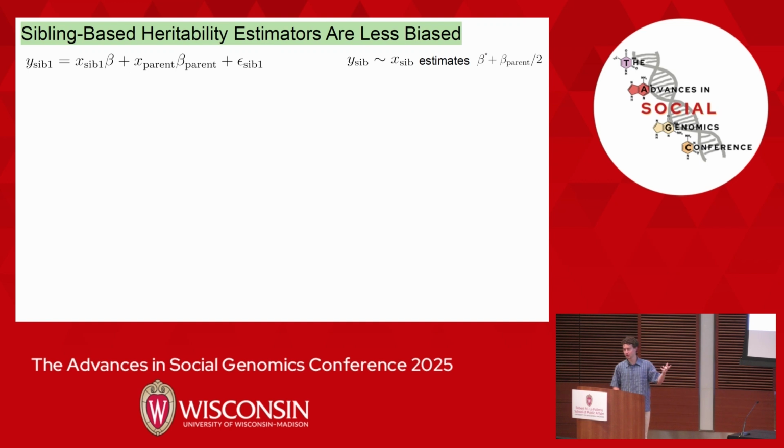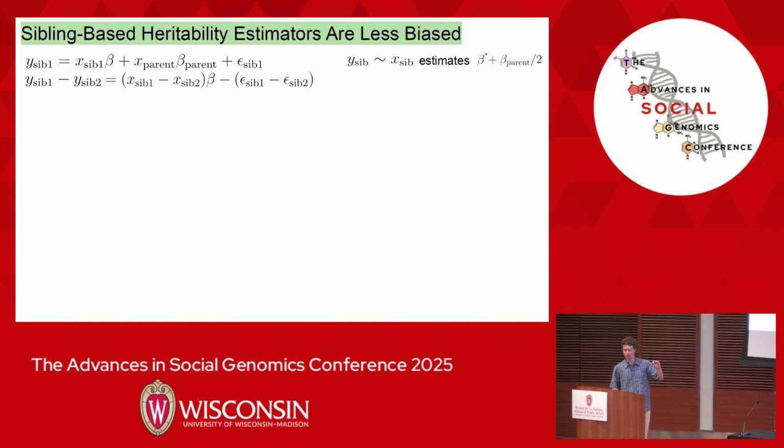If you just regress the phenotype onto the genotype, you probably won't estimate that direct genetic effect. It'll pick up some of those other effects, so population stratification and some of those parental genetic effects. But if you take the difference between two siblings here, the parental genetic effects will cancel out, and also the difference between siblings is not going to be due to ancestry, it's just due to random segregation, just due to meiosis.